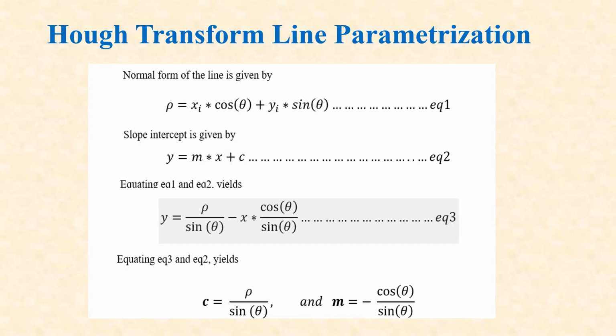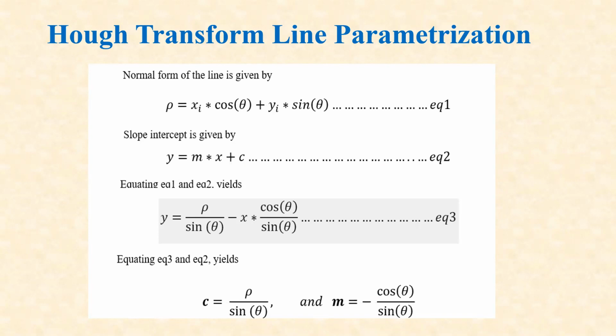This was also another question from the assignment. It was about relating the two equations from the Hough transform, or the polar coordinate system or the parameter space, and the XY or MC coordinate system.